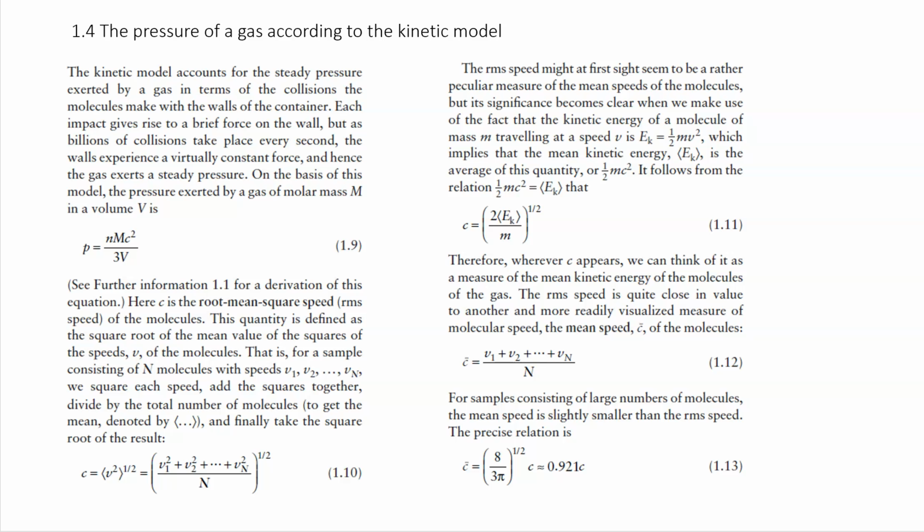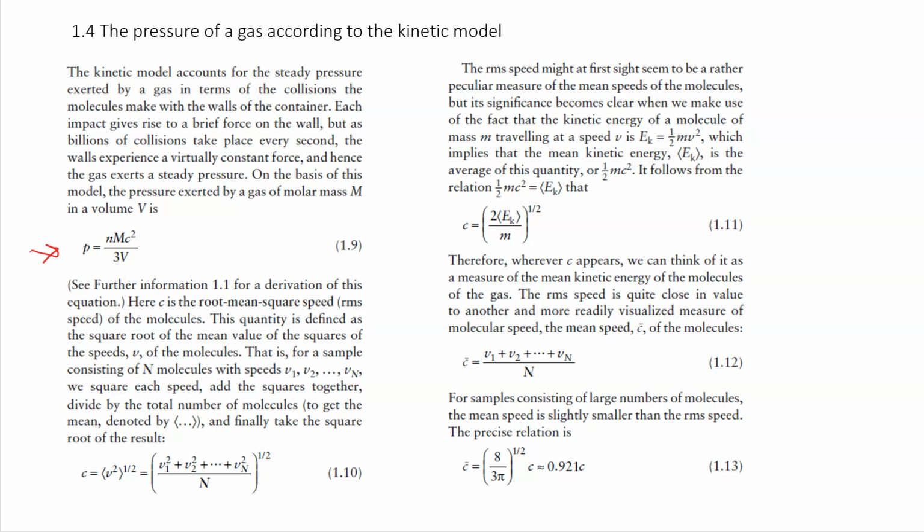Each impact gives rise to a brief force on the wall, but as billions of collisions take place every second, the wall experiences a virtually constant force. Therefore, the gas exerts what appears to be a steady pressure for all intents and purposes. On the basis of this, the pressure exerted by a gas of molar mass m in volume V is defined by equation 1.9.